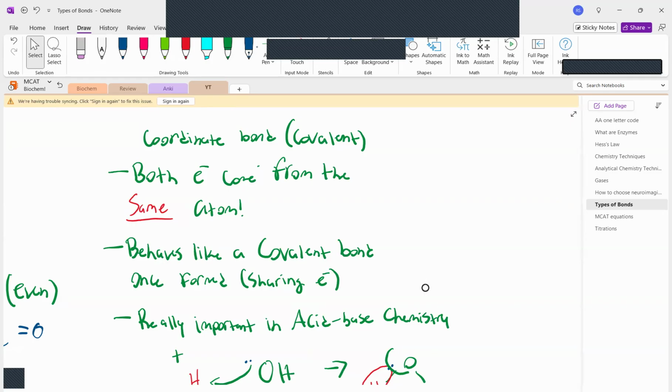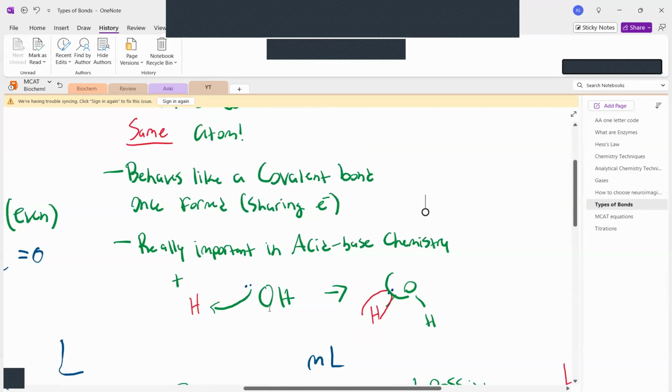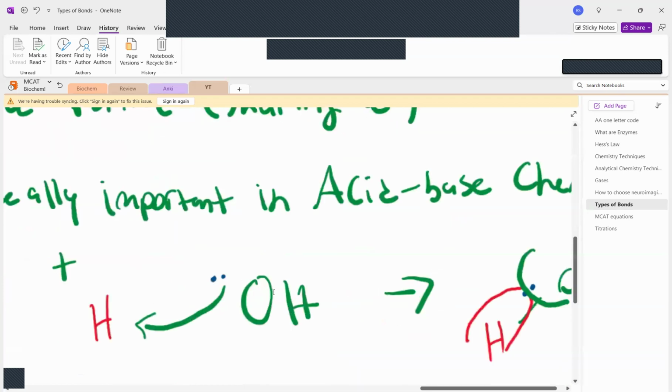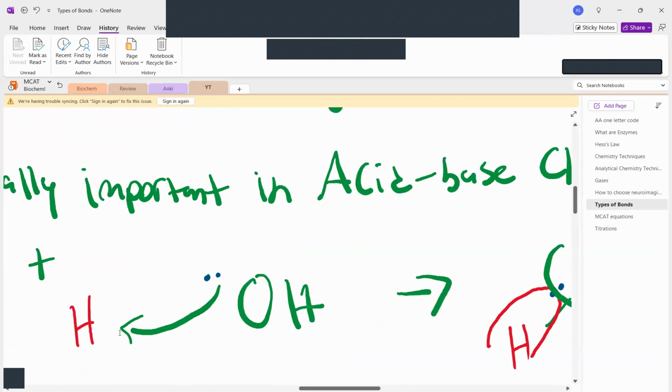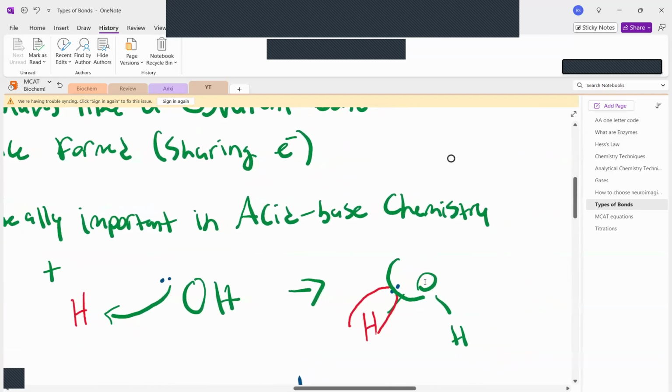It's really common to see this in acid-base chemistry, so it's really important there. Typically you'll have some base, like in this example, hydroxide with your OH. It's going to take that proton for itself, since look here, right? The protons don't have any electrons at all. So that hydroxide will donate both of its electrons in order to form that bond.